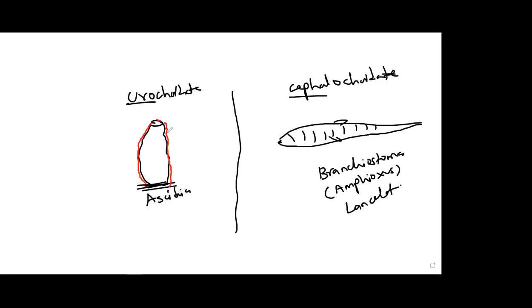That cellulose-like material is called tunicin. So the name given is Tunicata.